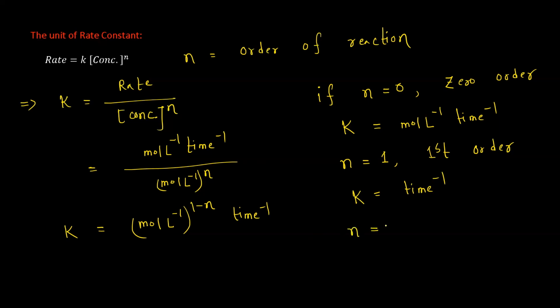If n equal to 2, then the reaction will be a second order reaction. So the unit of rate constant will be liter per mole per time.